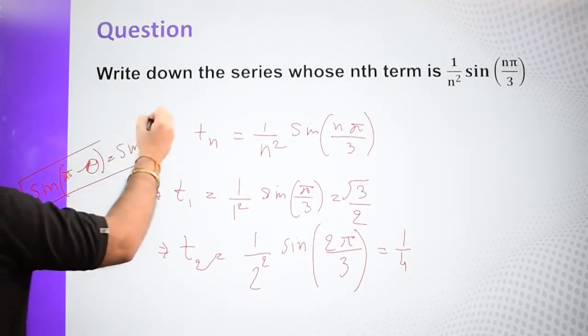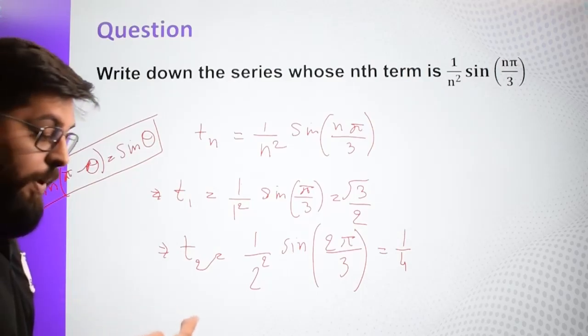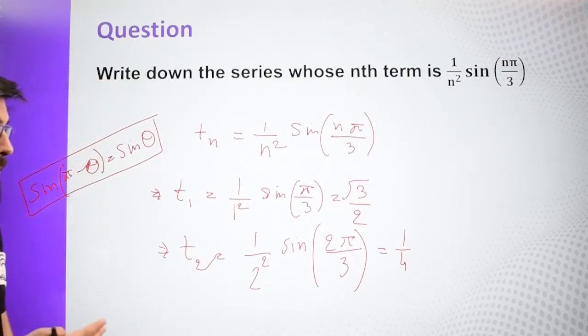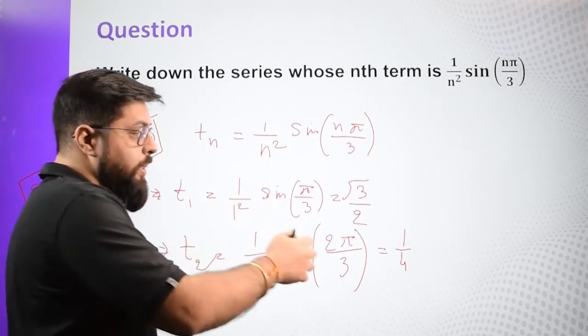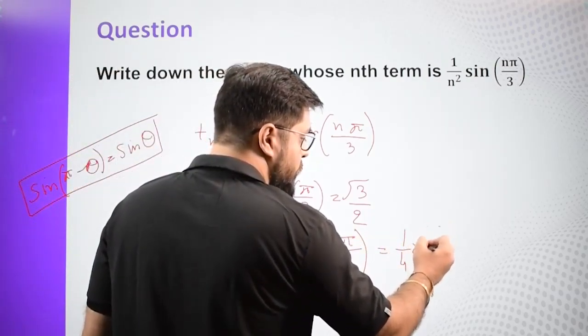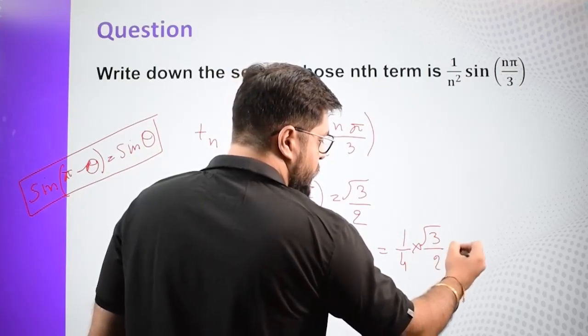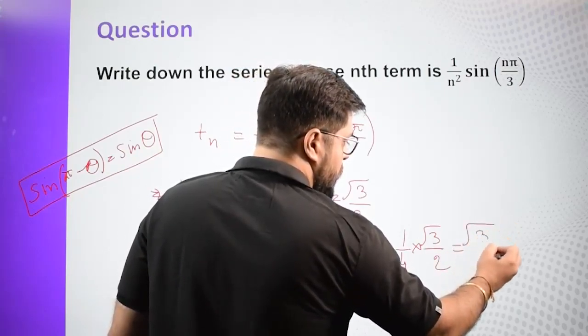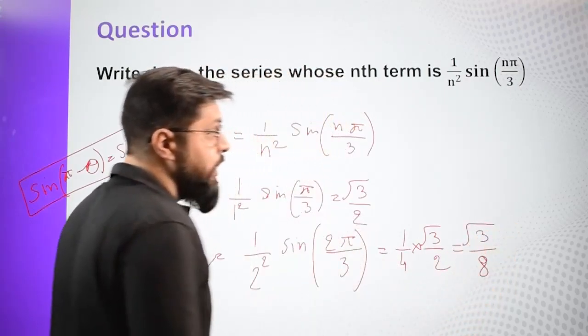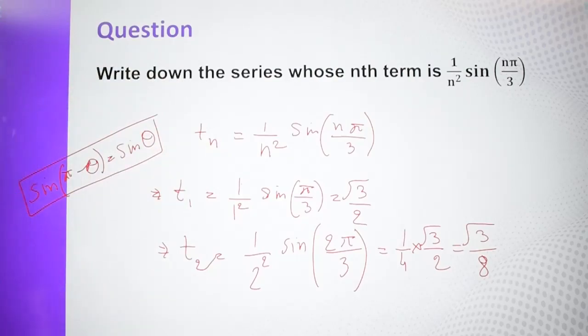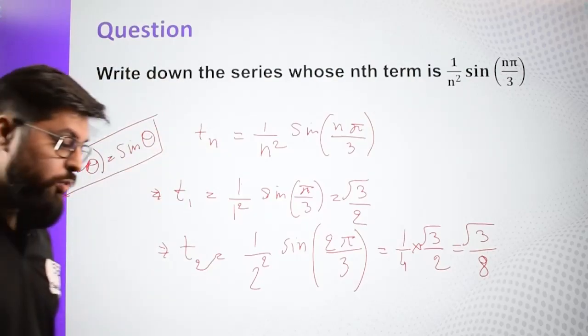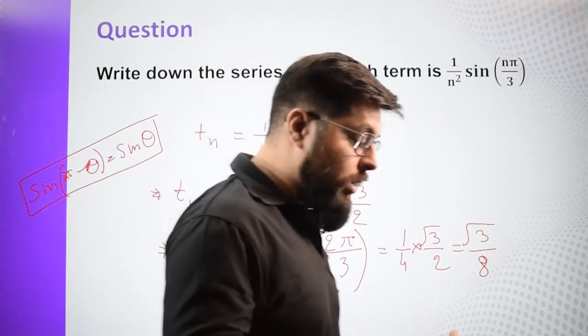So sine 2 pi by 3 can be written as sine pi minus pi by 3, and sine pi minus theta is sine theta, so that will be sine pi by 3. Sine pi by 3 is root 3 by 2. So this will be root 3 by 8. Similarly, we can find more terms, putting n equals to 3, n equals to 4, we can find the third term, fourth term.